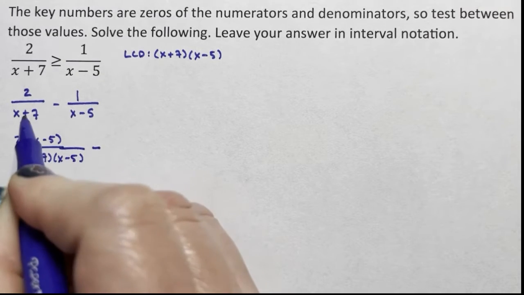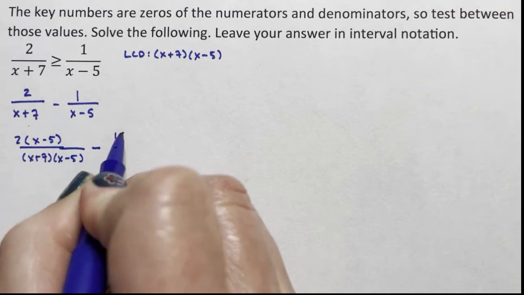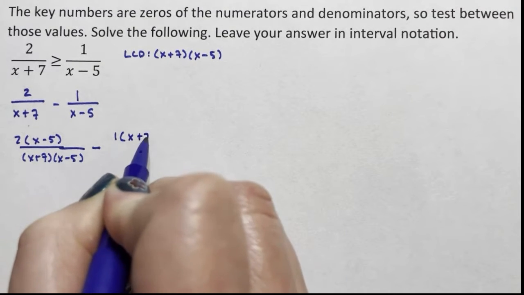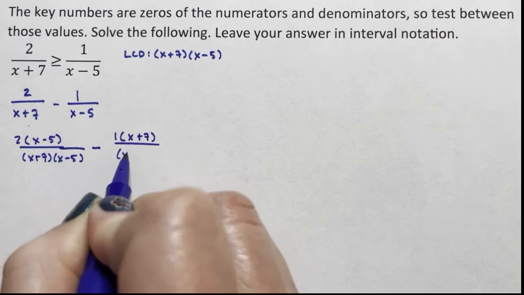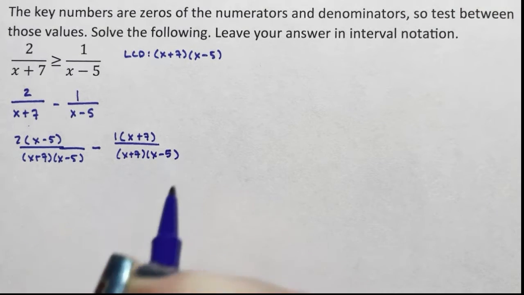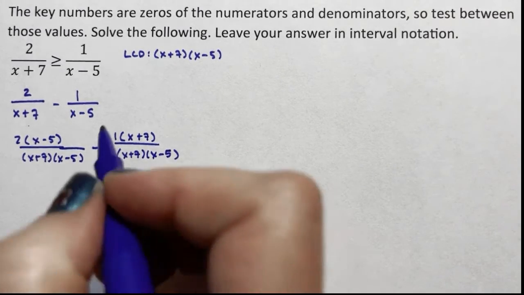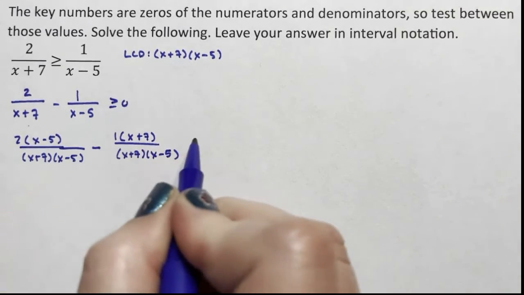Minus, I need to multiply the x plus 7 to numerator and denominator here. 1 times x plus 7 times x plus 7, x minus 5. All right, now they both have the same denominator. I can now combine them into one fraction, and all of this is greater than or equal to 0.